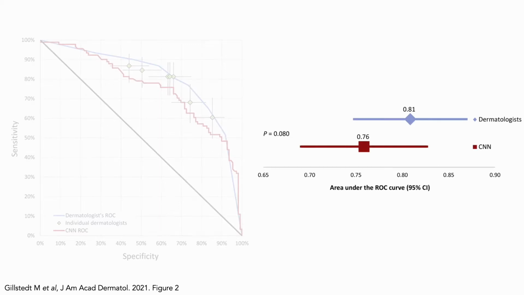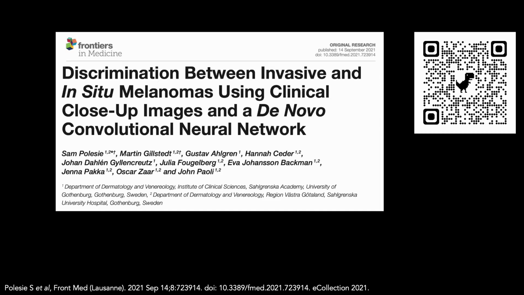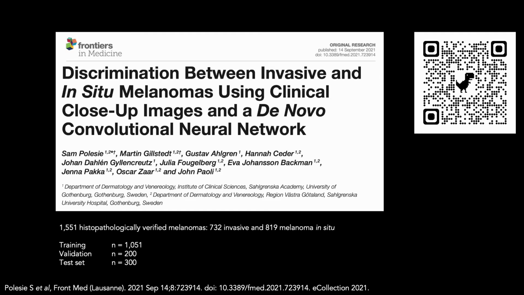However, in terms of the area under the receiver operating characteristic curve, the CNN was not outperformed by the dermatologists. The final investigation was published in Frontiers in Medicine. This study only included clinical close-up images of melanomas.